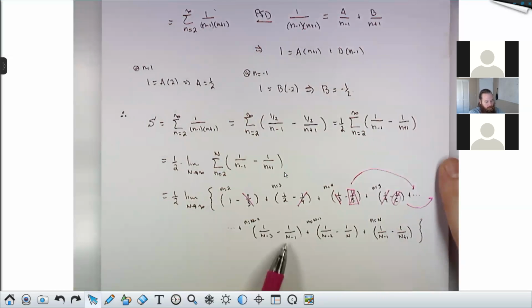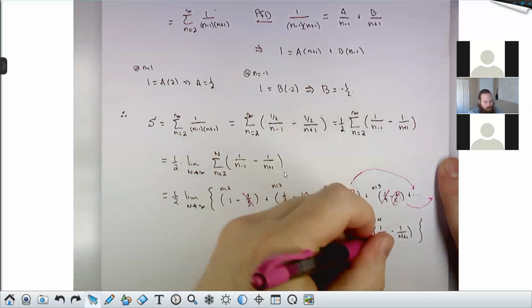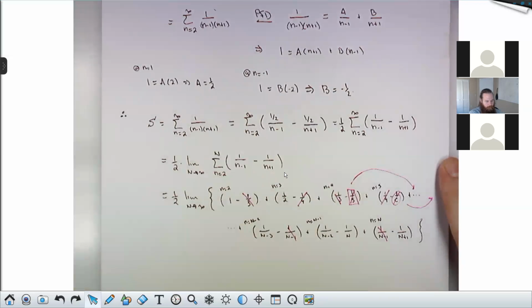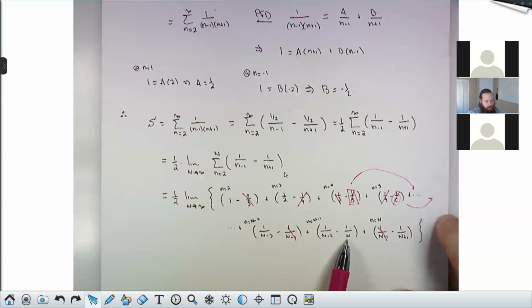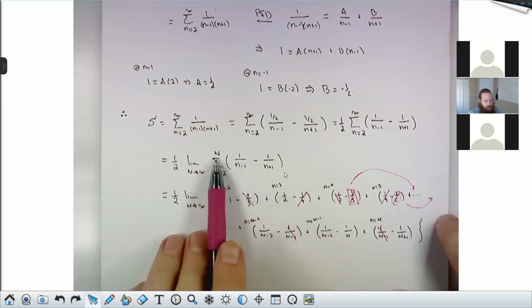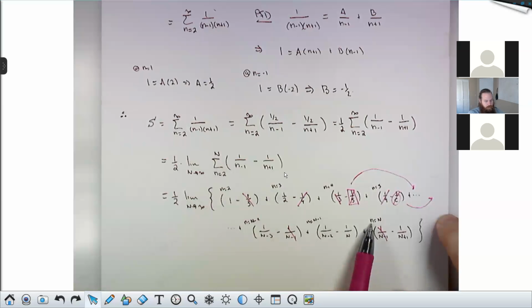Now looking down here, definitely the n minus 1s cancel each other. And what was the pattern? That the negative part of a given term gets canceled by the positive part of the term 2 down the road. So this guy is going to survive because the one that would cancel him would be the positive term coming after this. But there is no positive term coming after this because the series stops at capital N. So he's going to make it.